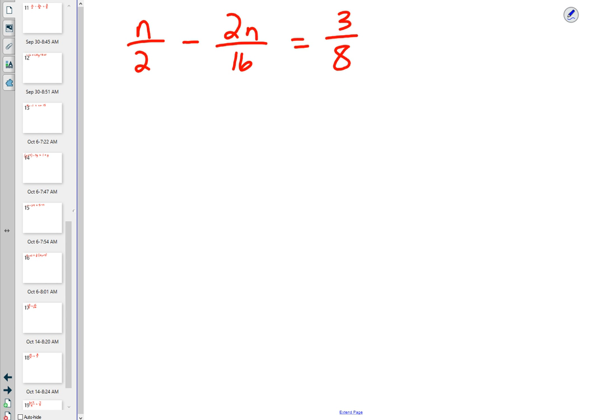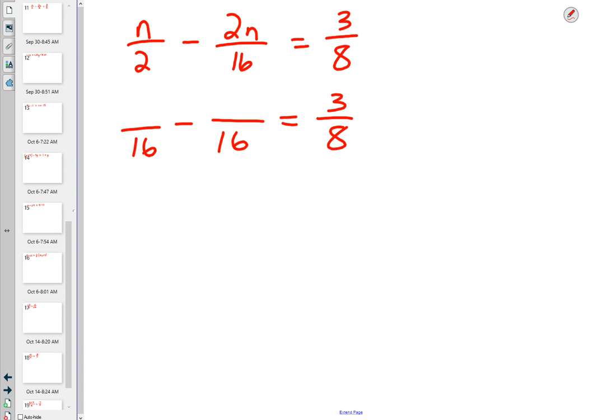So what's the least common denominator of 2 and 16? That's the greatest common factor, not the least common denominator. 16. So something over 16 minus something over 16 is equal to 3 over 8.